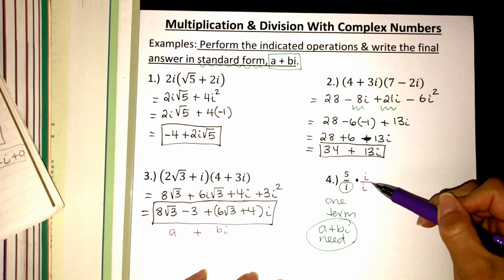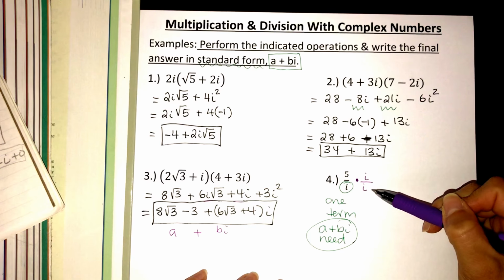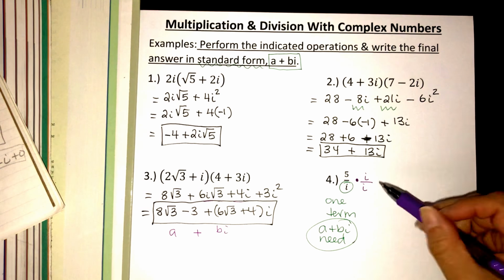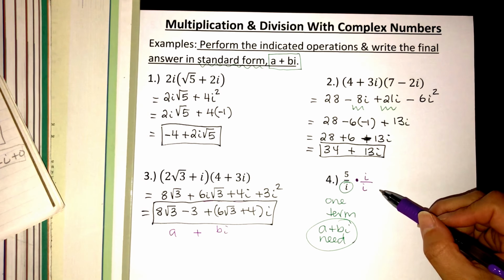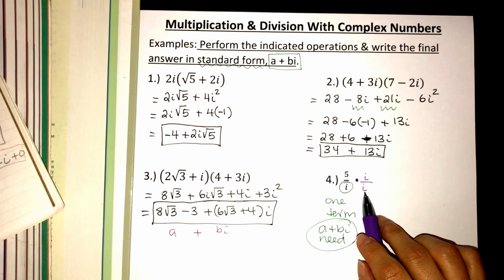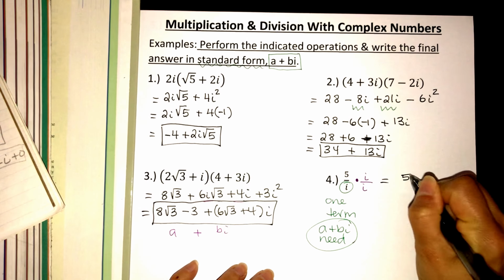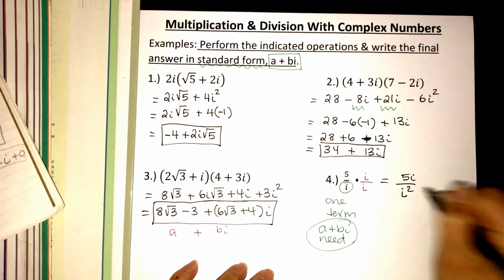Okay, so I over I is 1. It doesn't change the value. 1 times anything will be that thing. So this doesn't change the value. But I know that I'm going to get I squared, and I squared is equivalent to negative 1. That will eliminate I in the denominator. Right?